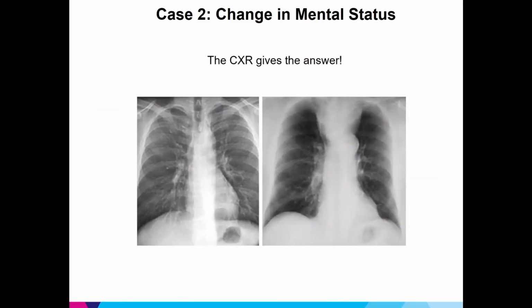As part of his emergency room evaluation, he has a chest x-ray, and on the left, you can see a normal chest x-ray. However, on the right chest x-ray, you notice a substernal goiter. It is often found incidentally on x-ray or CT scan and may cause obstructive symptoms such as dyspnea, wheezing, or cough.